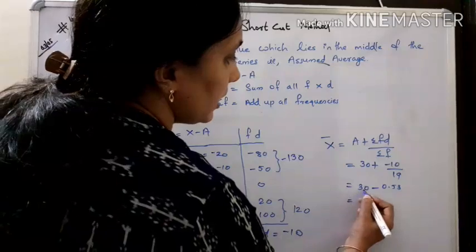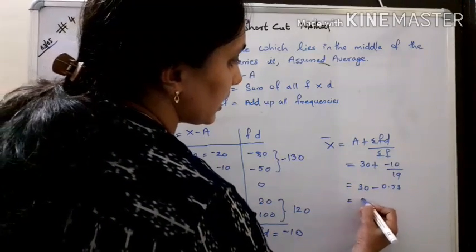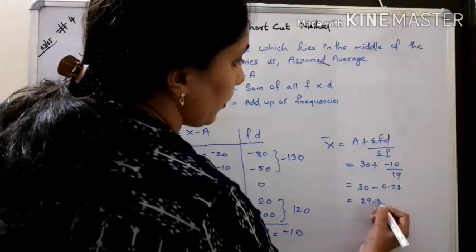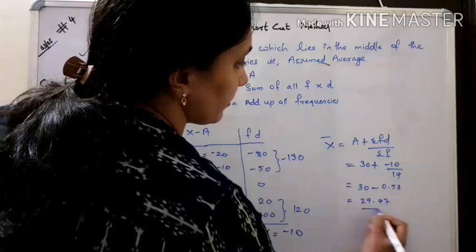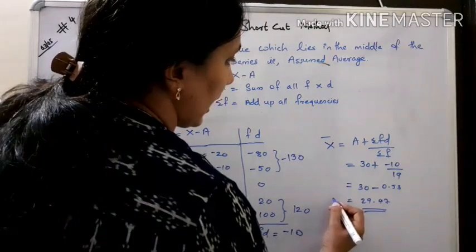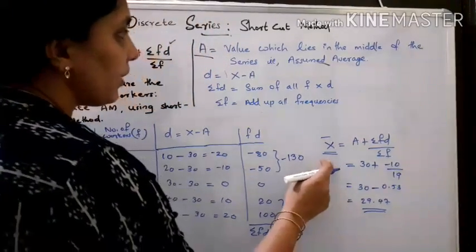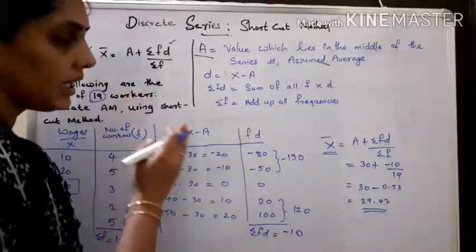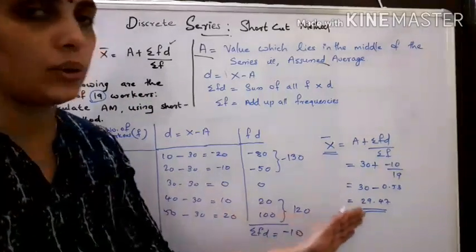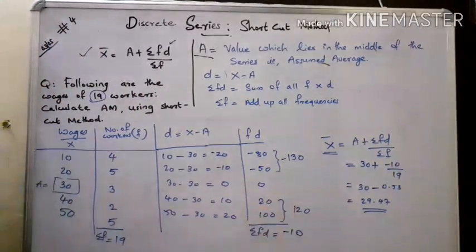Then 30 minus 0.53 is equal to 29.47. So x bar, that is the arithmetic mean or average wages of these 19 workers, is equal to 29.47. I hope you understood this video.